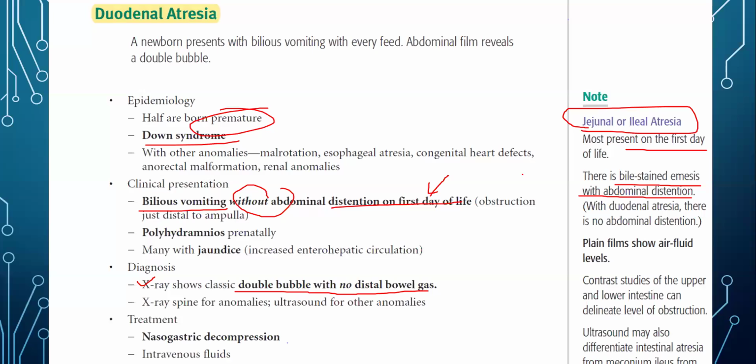So jejunal and ileal atresia present similarly to duodenal atresia, except these two will have abdominal distension. And if you do an X-ray, you will not get a double bubble sign; rather you will get multiple air fluid levels and dilated loops of bowel. This doesn't come up in exams because it is quite difficult to diagnose jejunal or ileal atresia, so don't bother with that. The only thing you need to know is how to differentiate between these two.